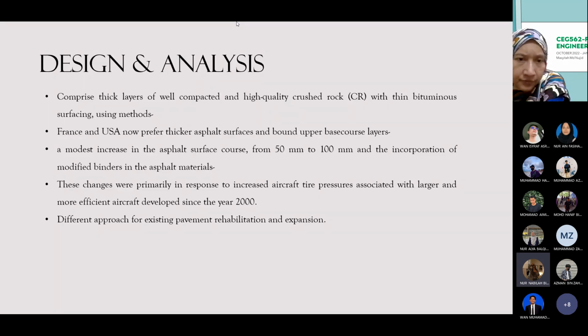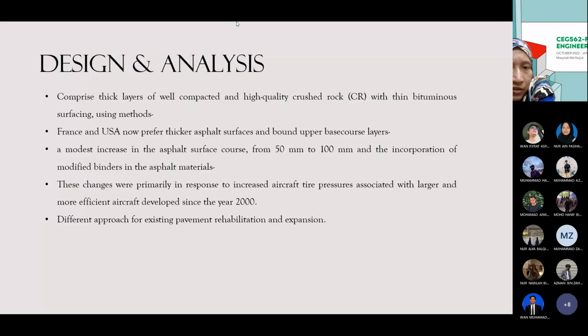Different approach for existing pavement rehabilitation and expansion. This is actually the explanation for foam bitumen base. Okay, if you look from here, the asphalt surface cost has increased from 50 mm to 100 mm. Okay, have you found from the article the relevancy of these changes?